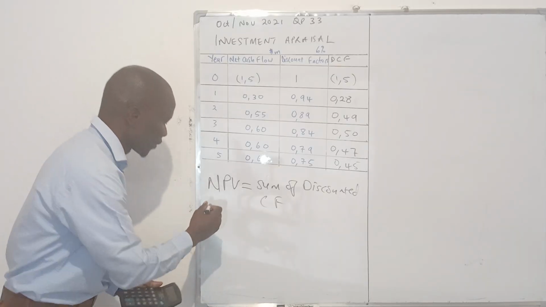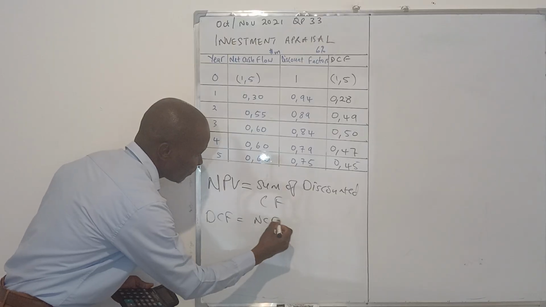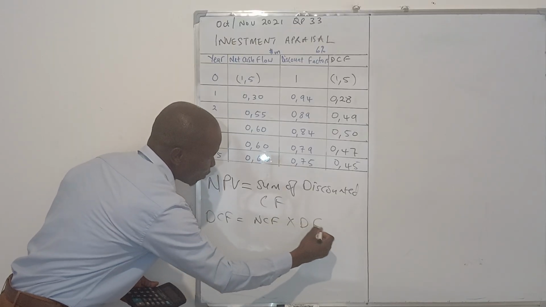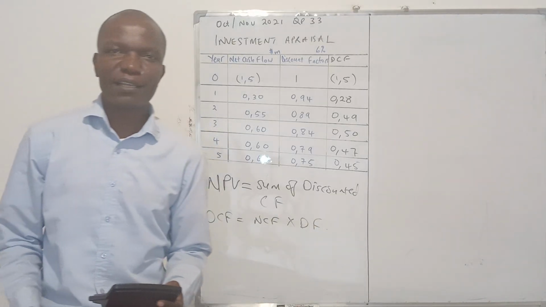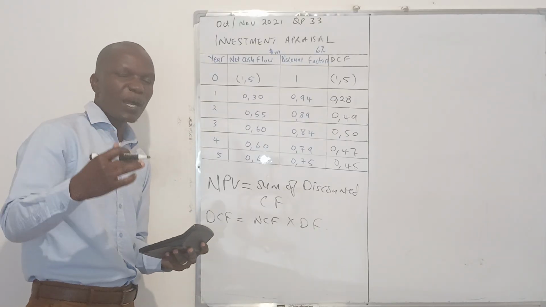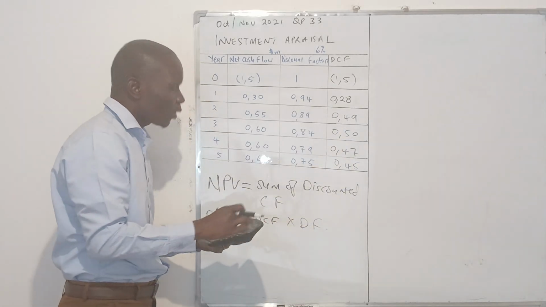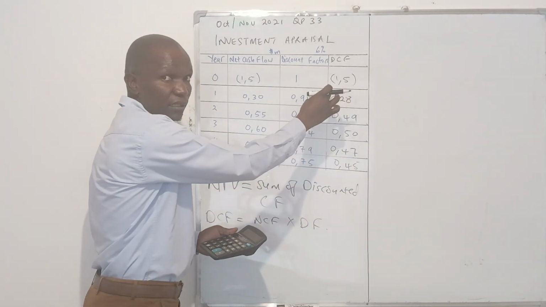You get them how? DCF is equal to net cash flow times the discount factor. So NPV now is the sum of the discounted cash flows. In other words, you're going to just add these. Don't forget to add this as a minus.